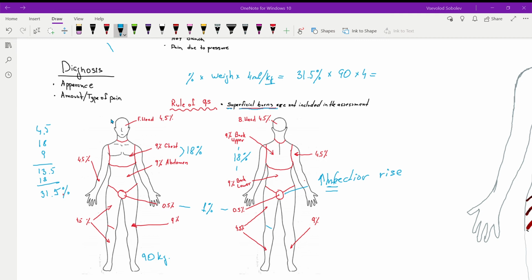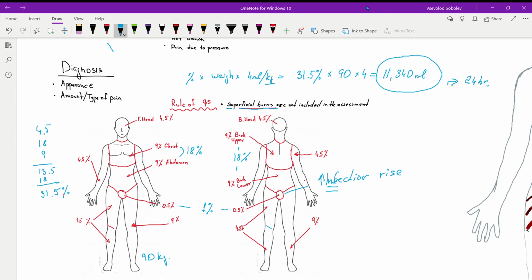You get 11,340 milliliters. And this is the volume that will have to be infused over the next 24 hours.